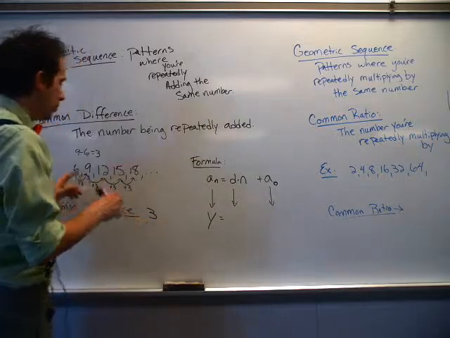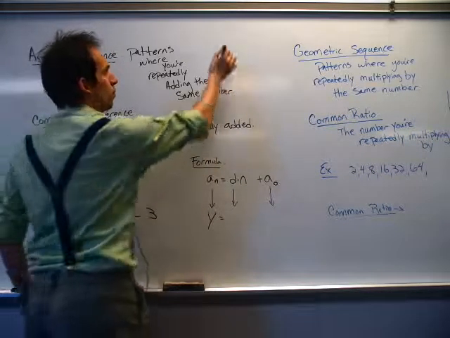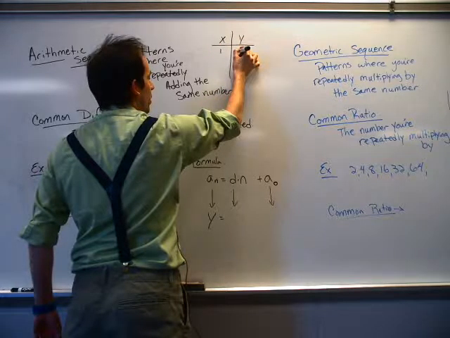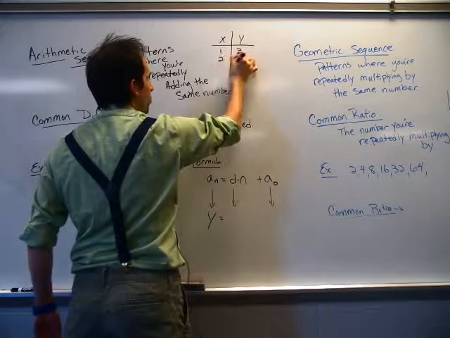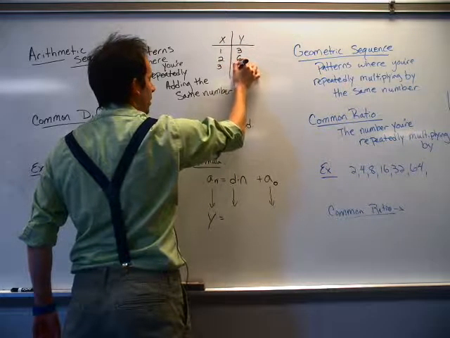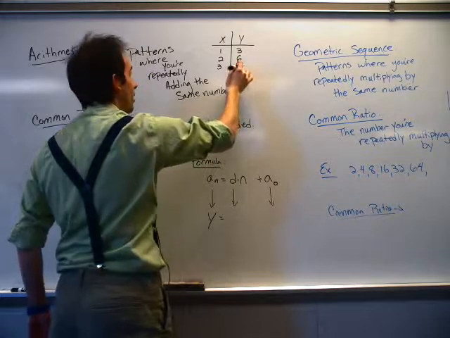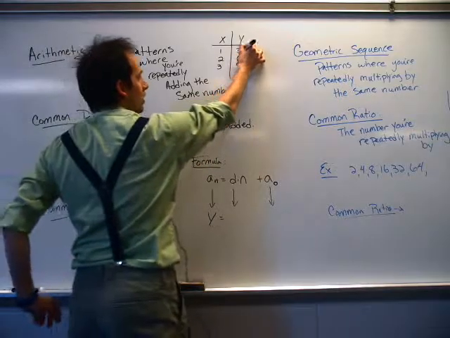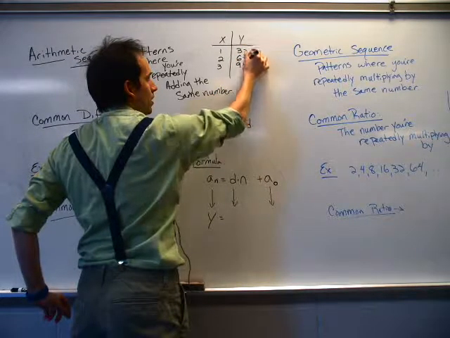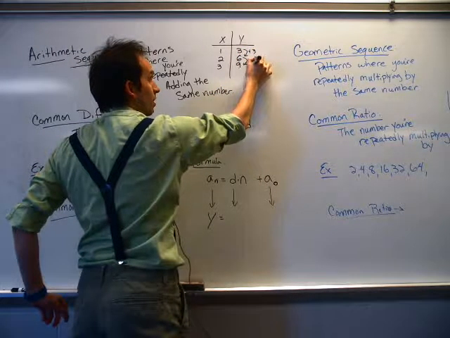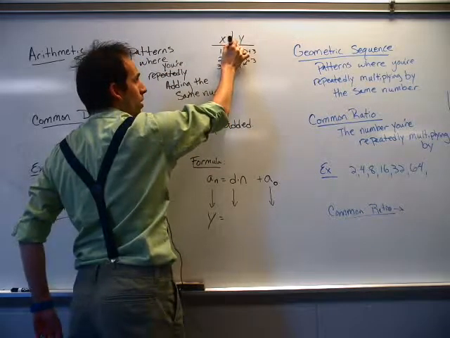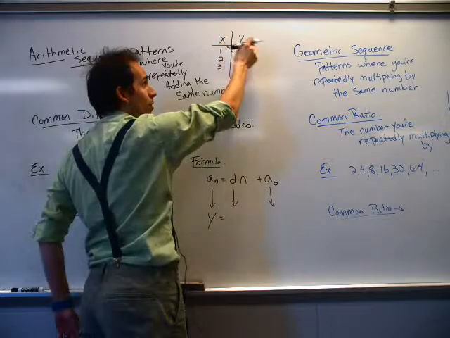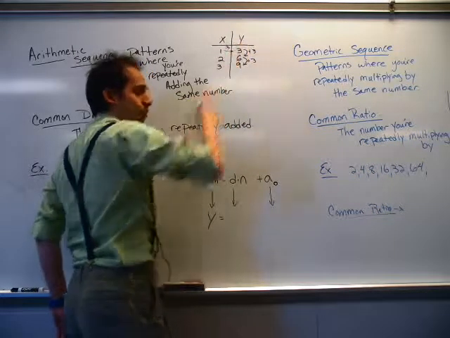And remember from one of the other videos when we were looking at patterns, I had 1, 3, 2, 6, 3, 9. When I had my pattern here, as I was going down, adding 3, what really happened as I was going across is I was multiplying my x value times that common difference, and it gave me my y value.